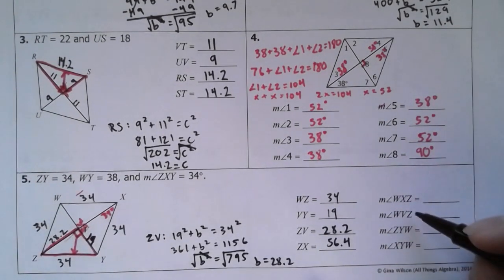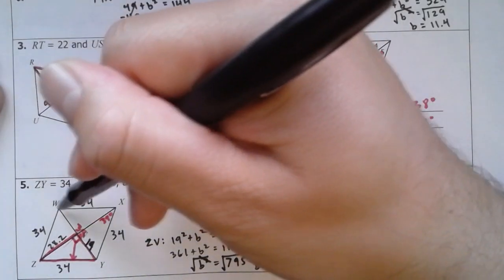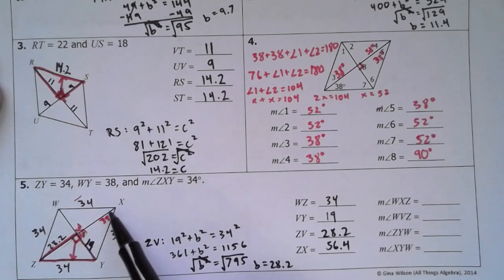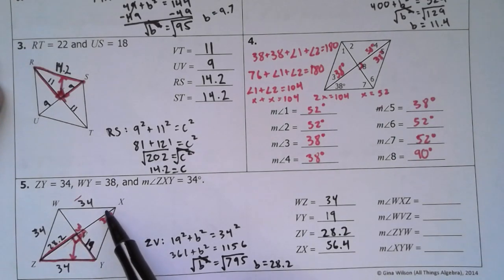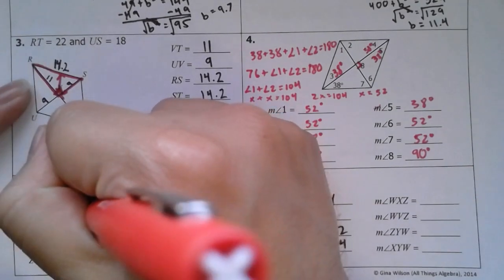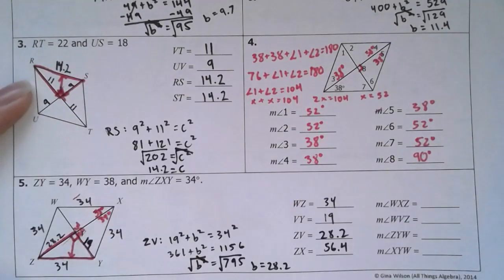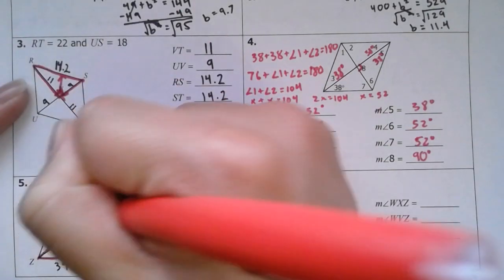Next, they want measure of angles. Measure of WXZ. So here's WXZ. And again, this diagonal bisects the angle, so it cuts into two equal parts. If this one's 34, this one is also 34. Sorry, my writing's so small that I messed up here.